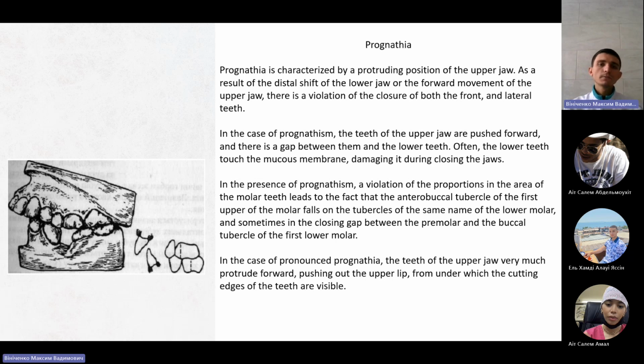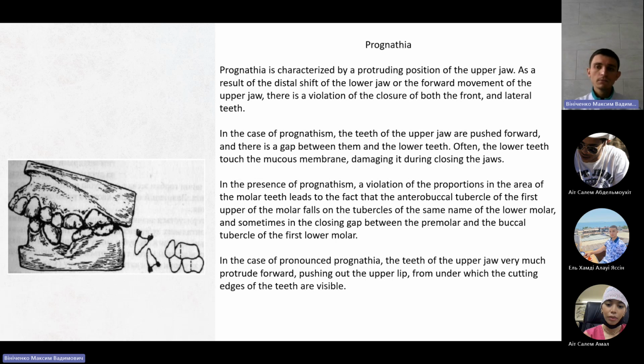In case of pronounced prognathia, the teeth of the upper jaw protrude very much forward, pushing out the upper lip, from under which the cutting edges of the teeth are visible. We call this the bird beak.